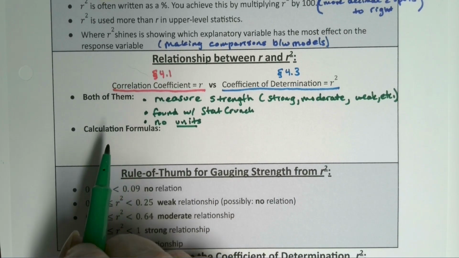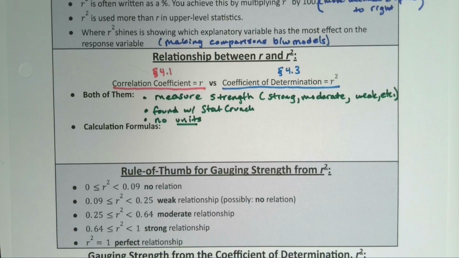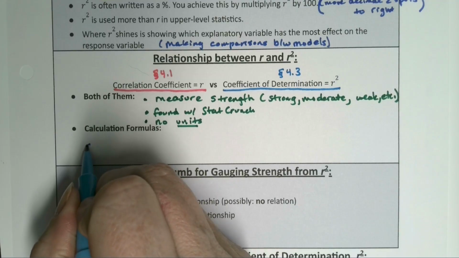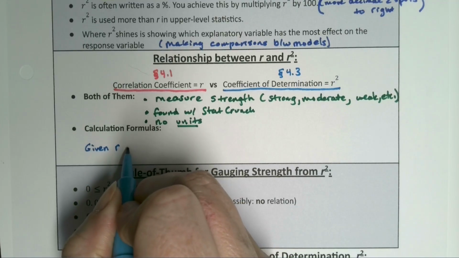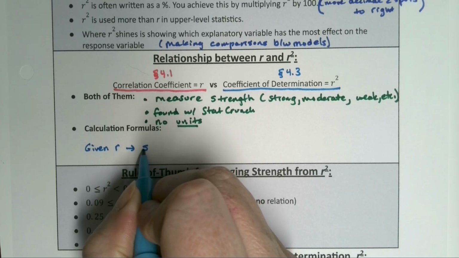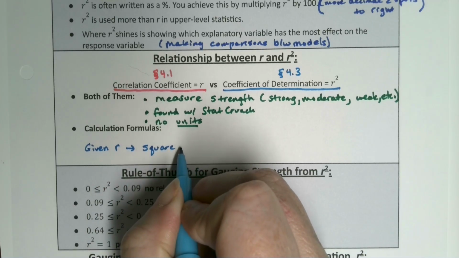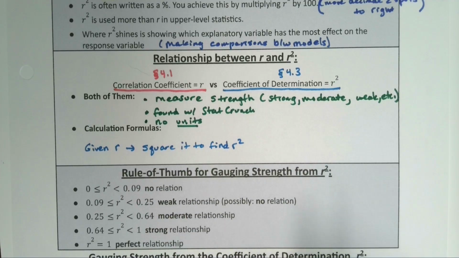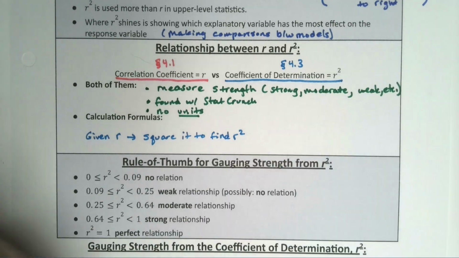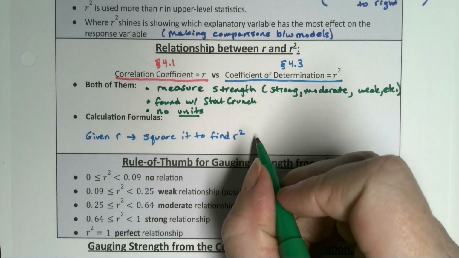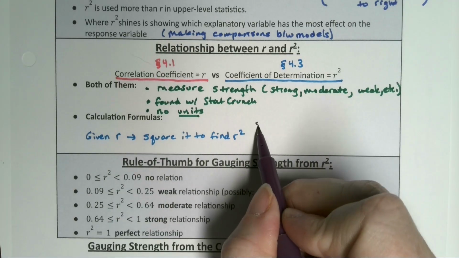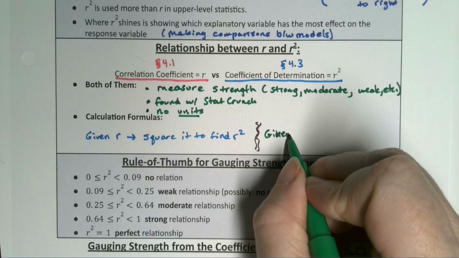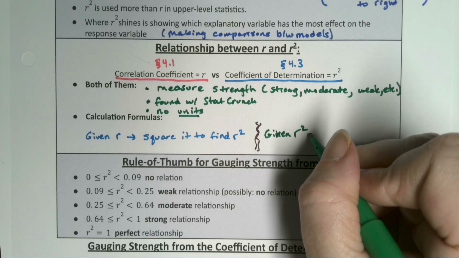All right. Now, what about calculating them by hand, sort of? If you're given r in a problem, then you would just square it to find r squared. It's as simple as that. On the other hand, if you're given r squared, you take the square root of it.